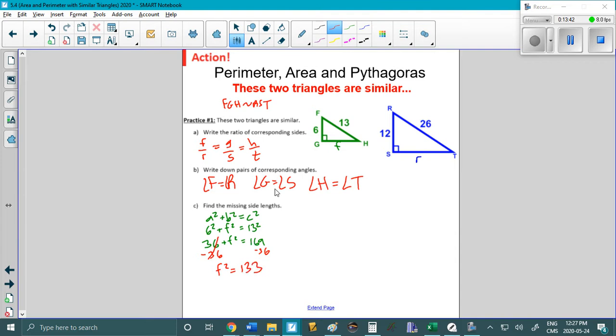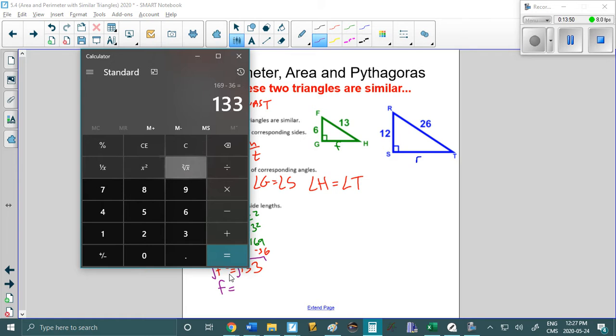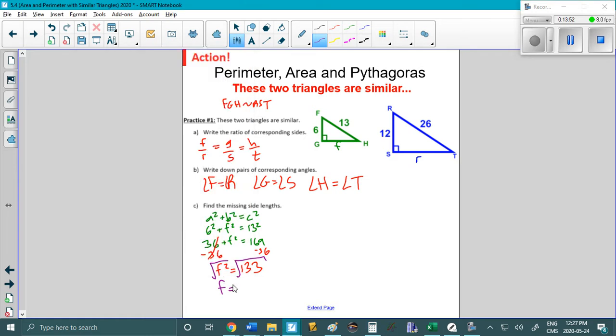So now you're going to say, oh, f is 133. It's not, though. Take the square root of both sides. And f equals the square root of 133, which is 11.5, approximately. Okay, so if f is approximately 11.5, then r equals approximately, let's take 2 decimal places, 11.53.